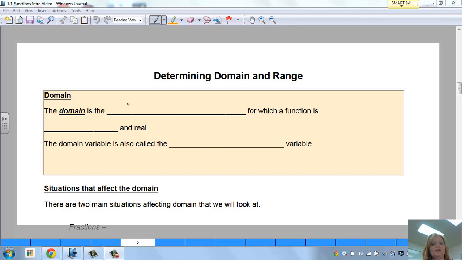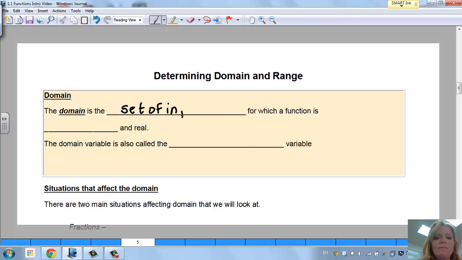This video is on determining domain and range, and this is going to start on page 5 of your notes. The domain is a set of input values for which a function is defined and real.